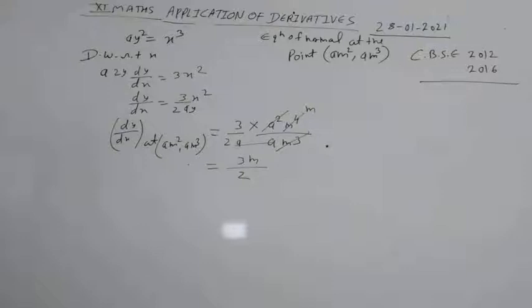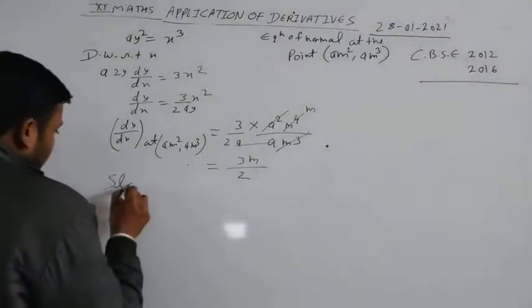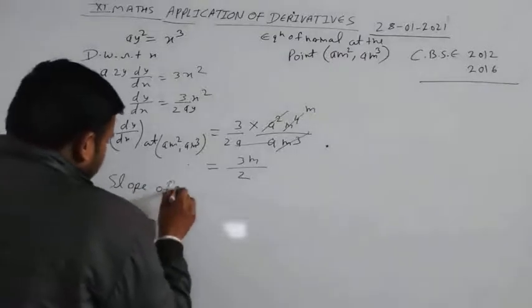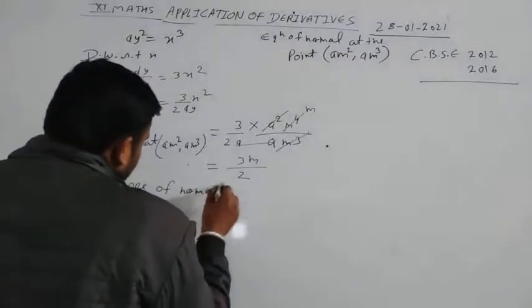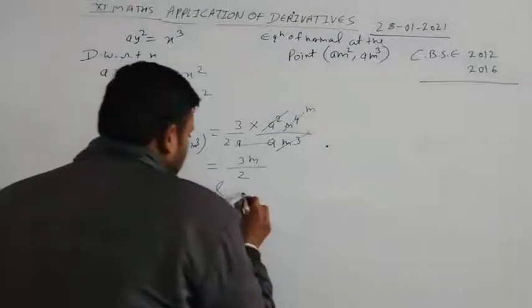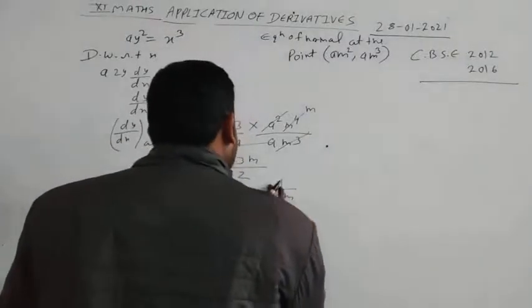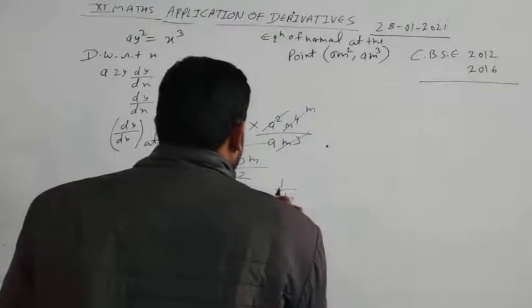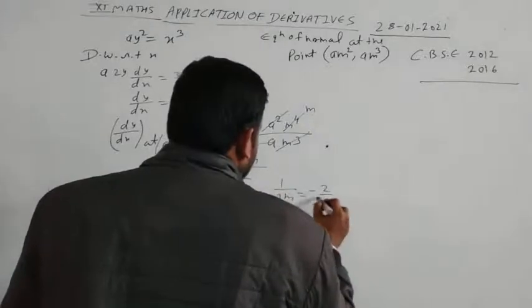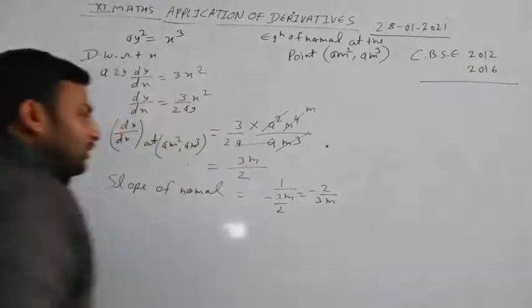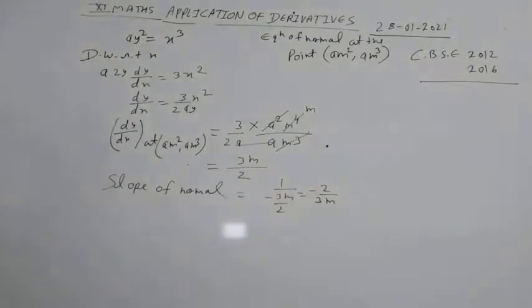Now, student, slope of normal will be -1 by 3m/2, so it will be -2/3m. Okay, student. So this is the slope of normal.